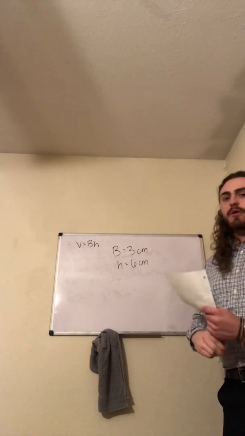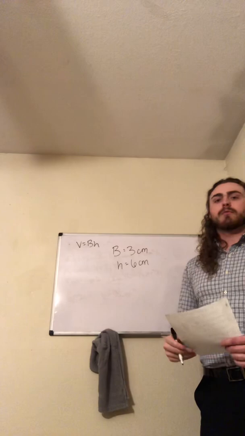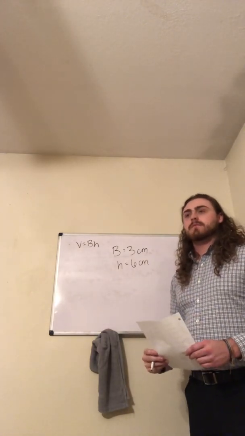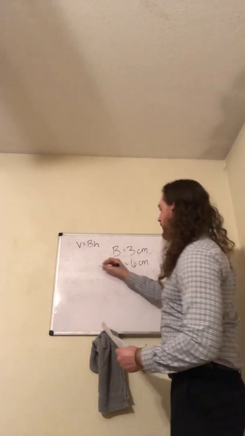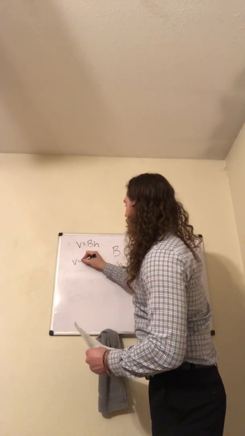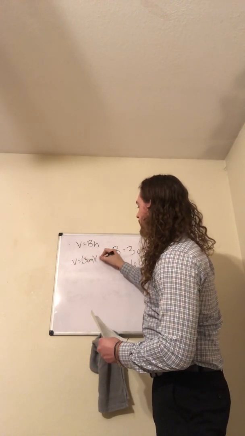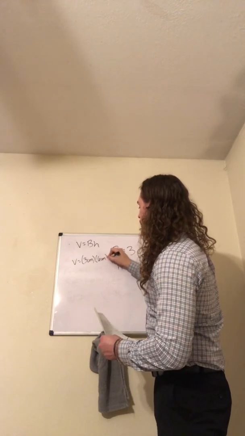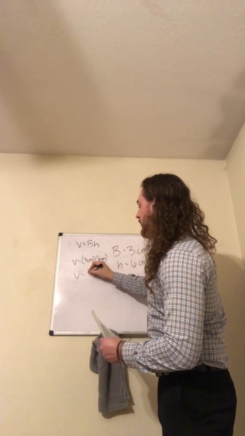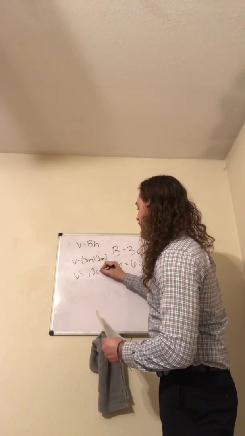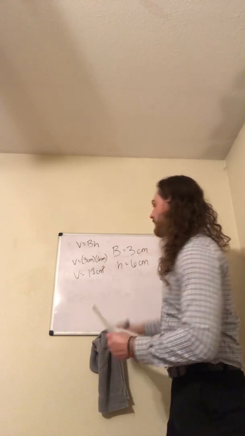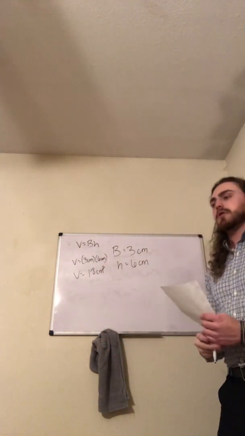Can anybody tell me what they may get for the volume? Yes, ma'am. Yeah, absolutely correct. You would get volume equals 3 centimeters times 6 centimeters, and that would equal 18 centimeters squared. Awesome. Great job.